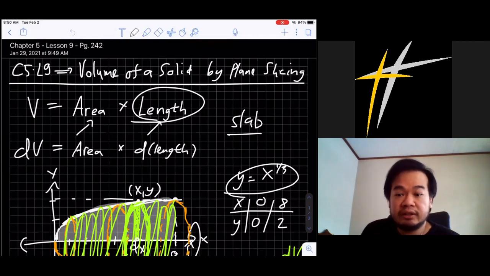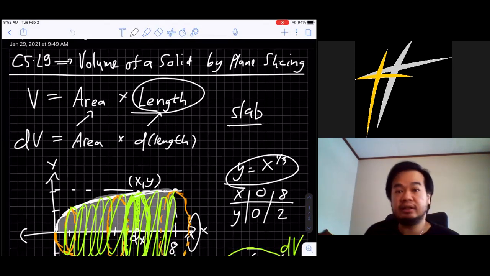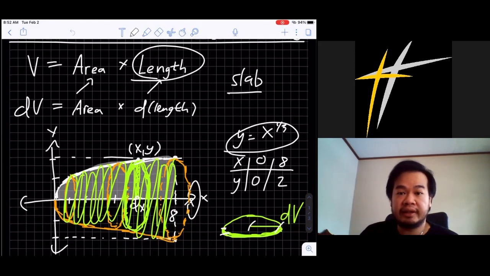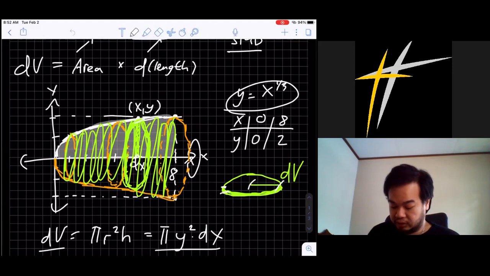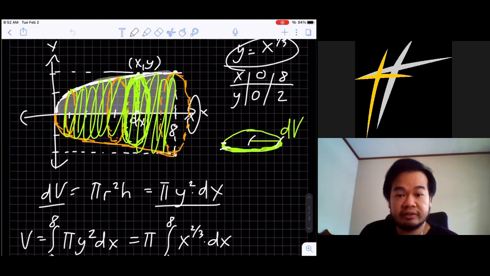As a review, I just want to remind you about volume of a solid by plane slicing. Basically, you have a region on a two-dimensional coordinate axis, and usually it's rotated about a certain axis. Remember, you need to create a thin rectangle from the region, and then you rotate it.